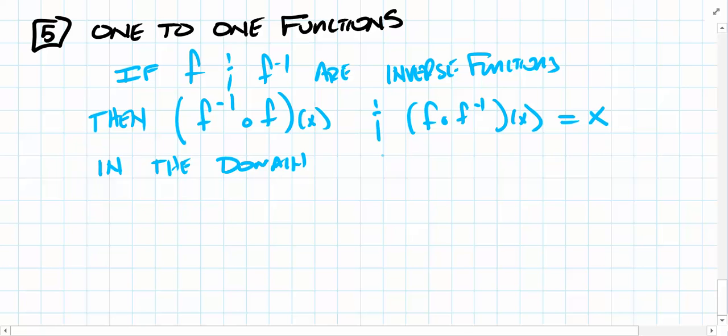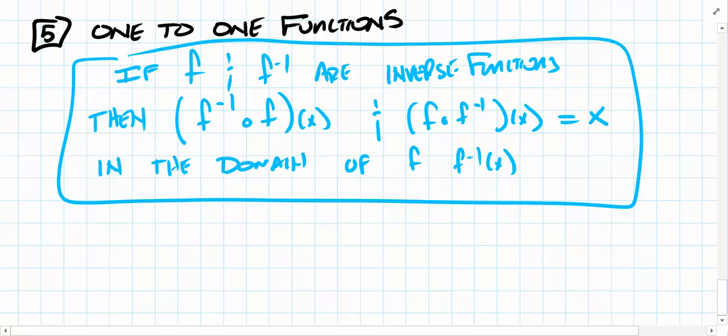So what does that mean? That means that for every element in my function, it gets mapped to my inverse function, and I can return that element as well. There's nothing that's left out, okay? So as an example, let's say this is my domain, and this is my range.